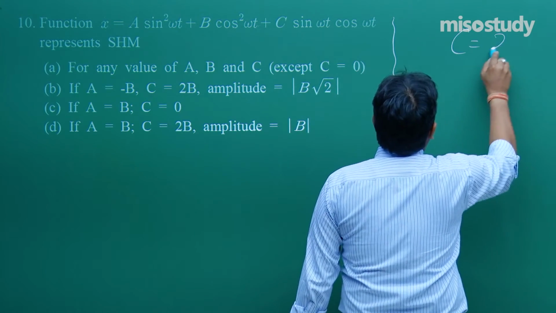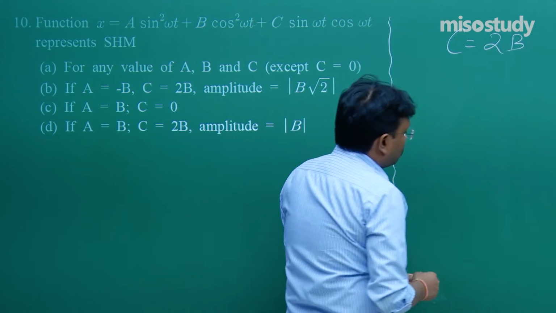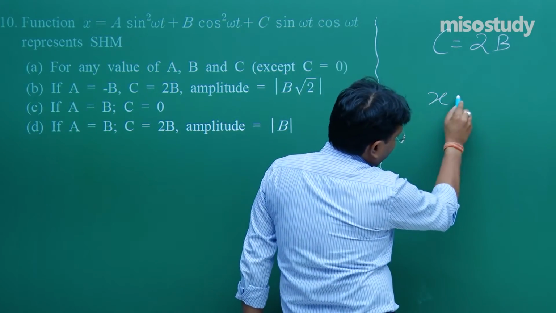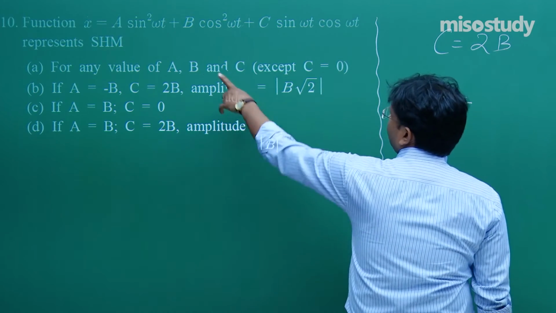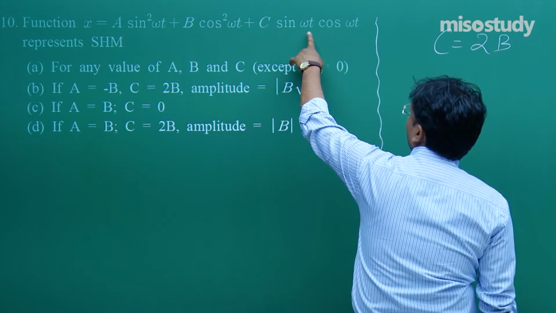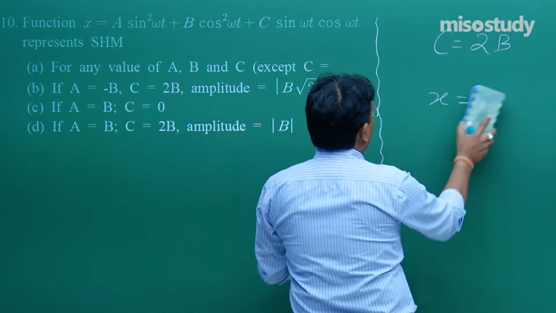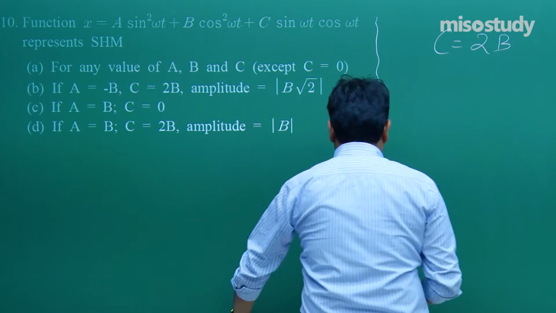C is equal to 2b. Now x is equal to this entire equation, a sin square omega t plus b cos square omega t plus c sin omega t cos omega t. I am going to write down this equation in a more simplified fashion.